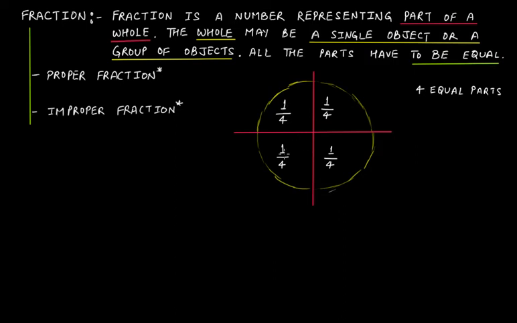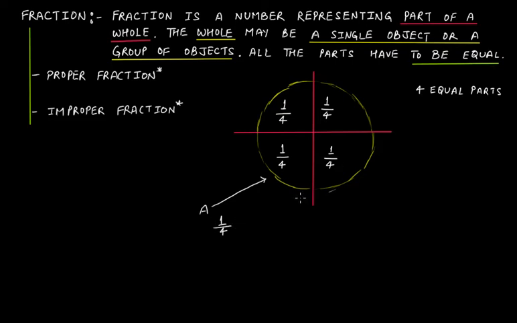Let's say a person A takes this part, that is 1 by 4. He or she will say, I have 1/4 of this pizza.